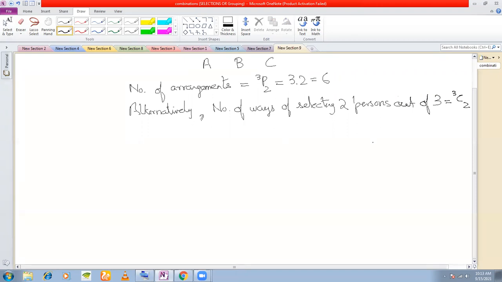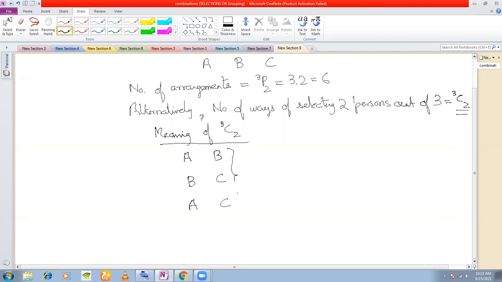Now we have to find out the meaning of this. What is the meaning of this 3C2? Let's see. In how many ways can I select? I can select A and B, or I can select B and C, or I can select A and C, right?